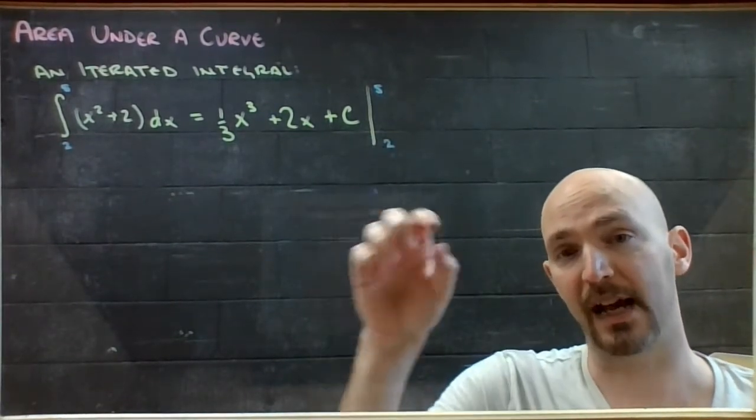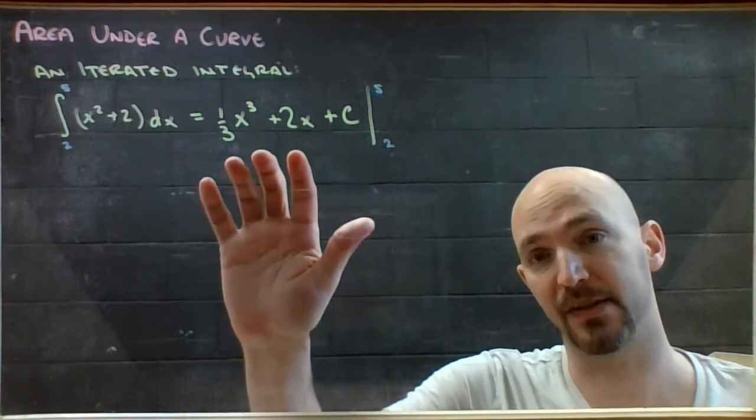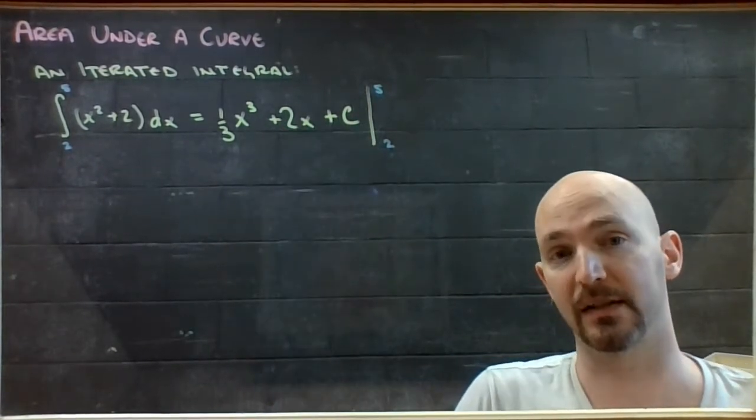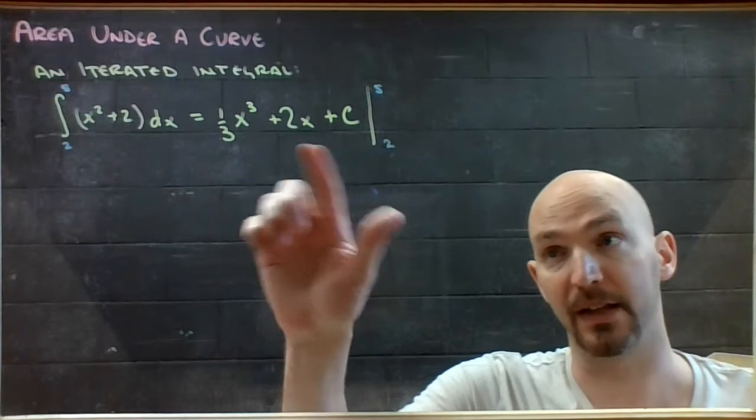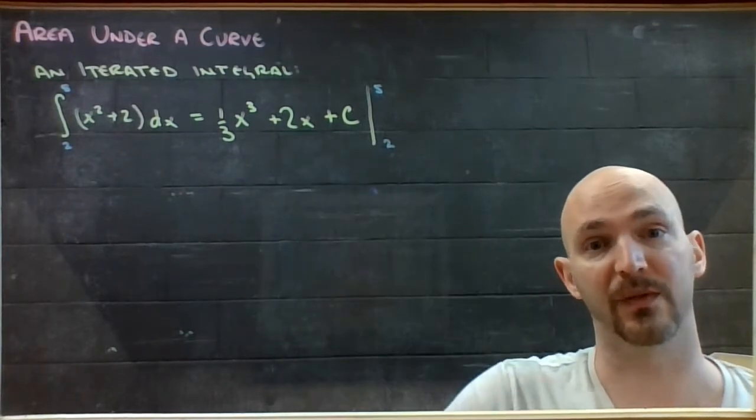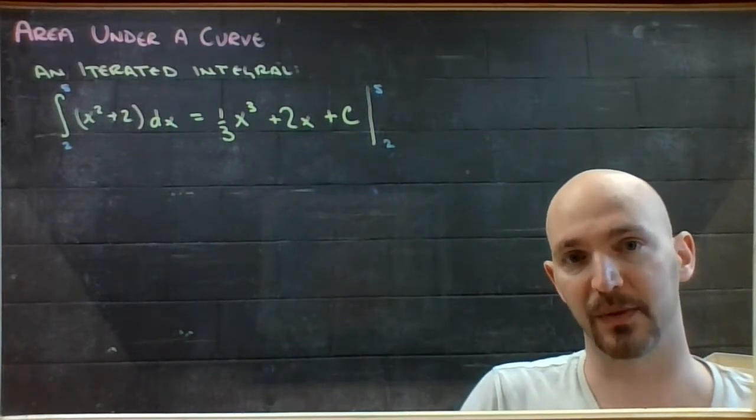So what this is asking you to do is to take your answer and sub in 5 for x. Then you're going to take your answer and you're going to substitute in 2 for x. And then you're going to find the difference between them.